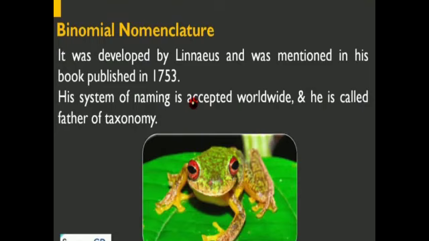His system of naming is accepted worldwide and he is called the father of taxonomy. You have to remember who is the father of taxonomy: Carolus Linnaeus. But when we actually name a species, we do not list the whole hierarchy of groups it belongs to. Instead, we limit ourselves to writing the name of the genus and species of that particular organism. Now, what are genus and species? Let's see.